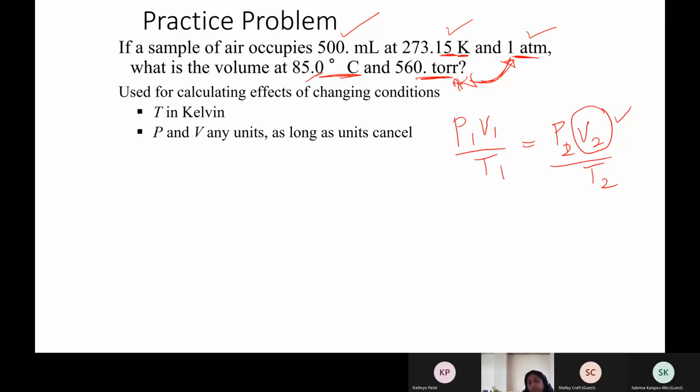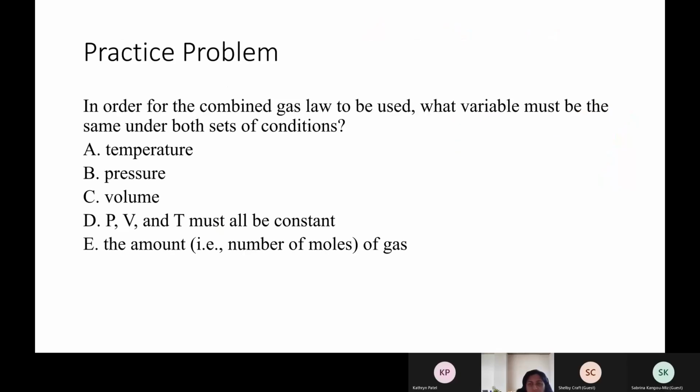Okay. So I hope you will be able to do that because we have done similar examples. Right. This is a multiple choice question. I'll give you 1 minute.